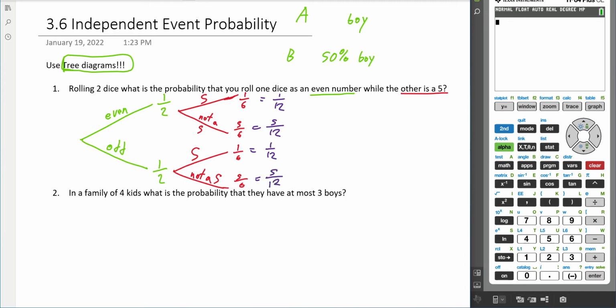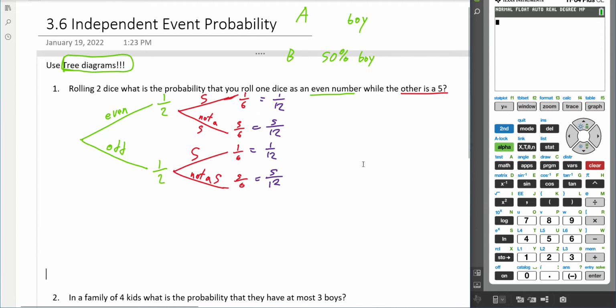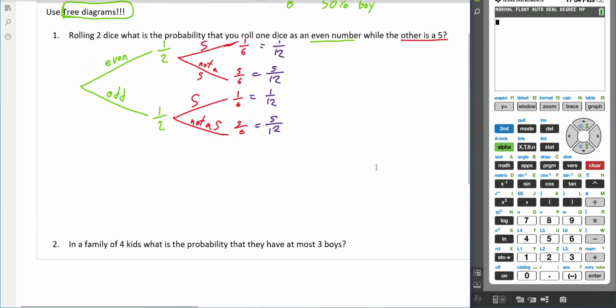Now, what is the probability that you roll an even number and the other one's an odd number? There are a few possibilities, and it doesn't say this and then that. This is actually a relatively complicated version. You can think of one die as an even or an odd number, but what if it is an odd number that is a 5?